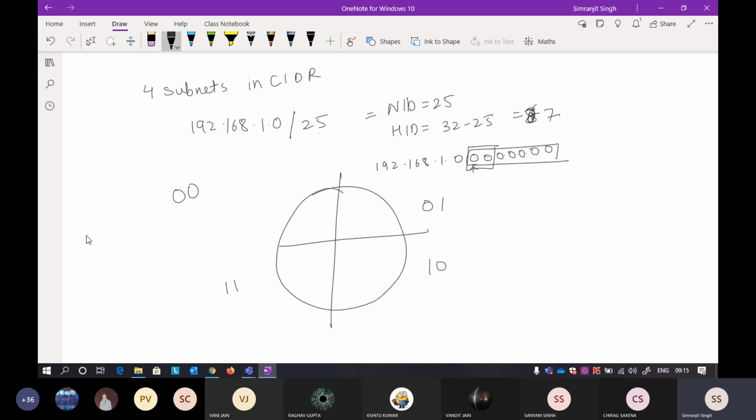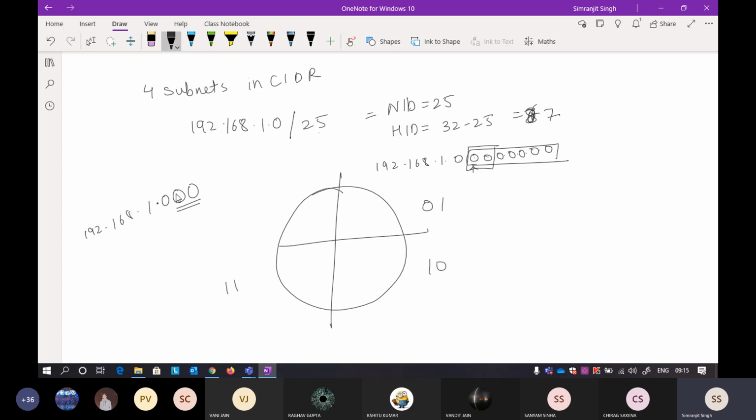I'm going ahead and I'll write 192.168.1.00. This 0 is already fixed because with /25, it's a part of the network ID part. Keep in mind, this 0 is already fixed here, so I'm fixing these zeros.